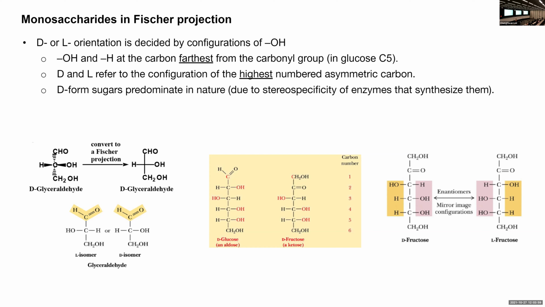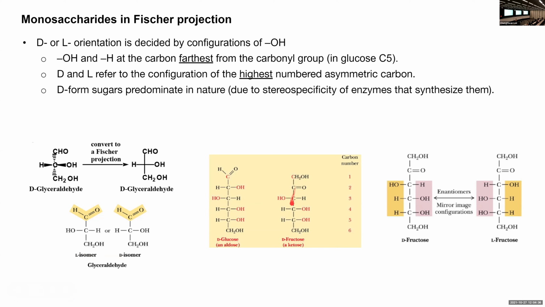From now on, we're going to move on to the review. We first started with the carbohydrates, especially monosaccharides, and how you can write them in the Fisher projection, what it means, and how you can tell the L forms and D forms.